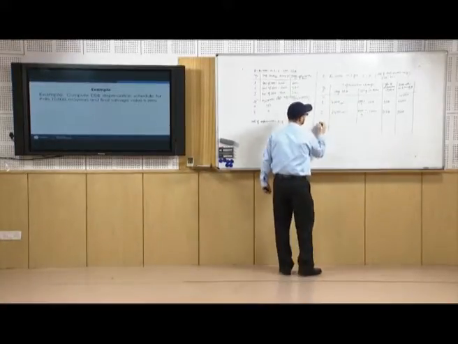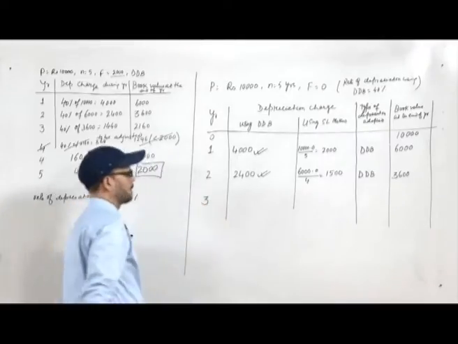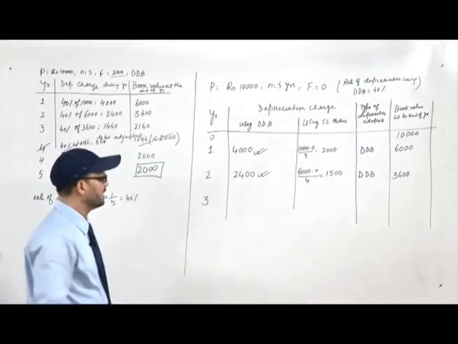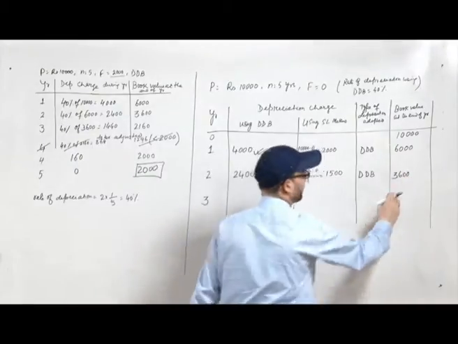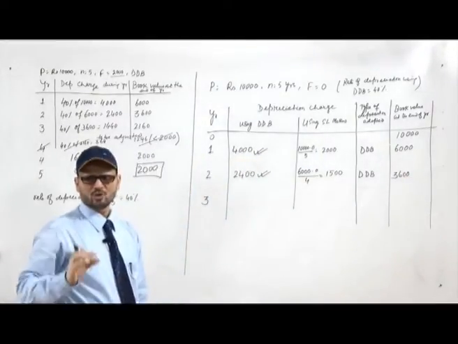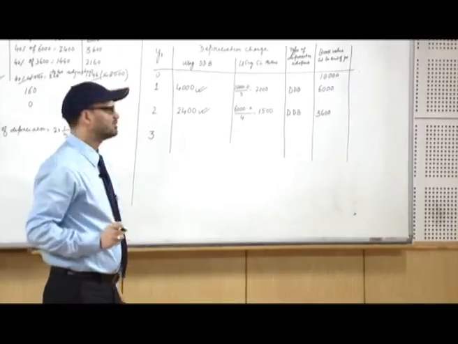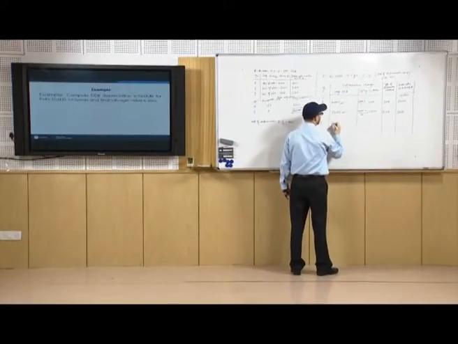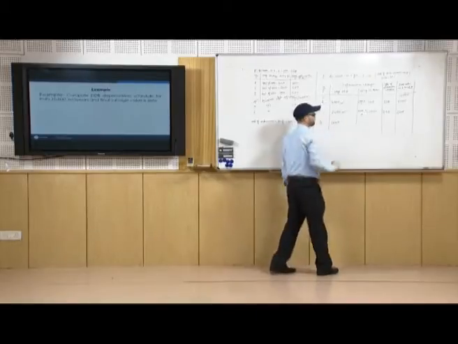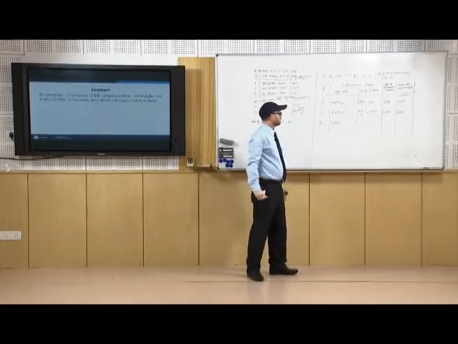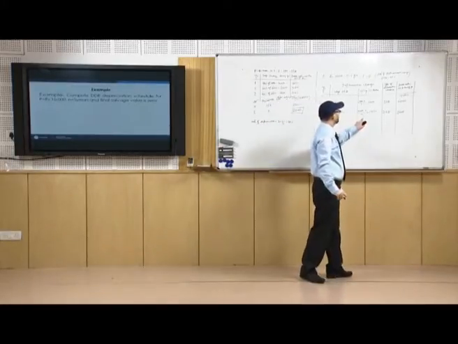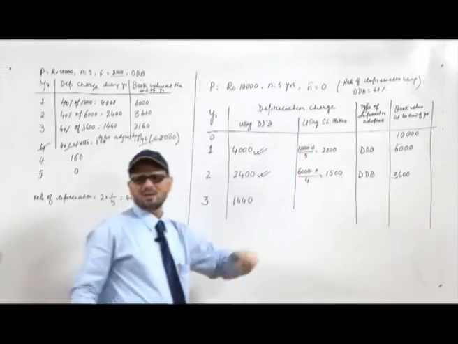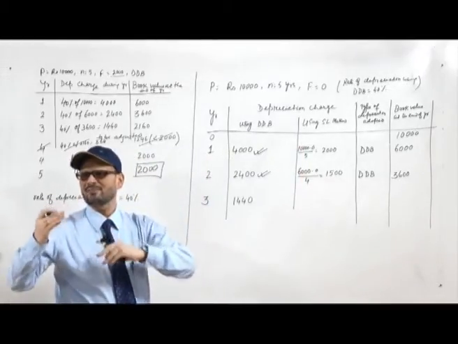Let us go to the third year. During the third year our book value is 3,600. So, using the double declining balance method, it will be 40% of 3,600, which is 1,440. Now, if we take the straight line method, we have 3 more years of life left.